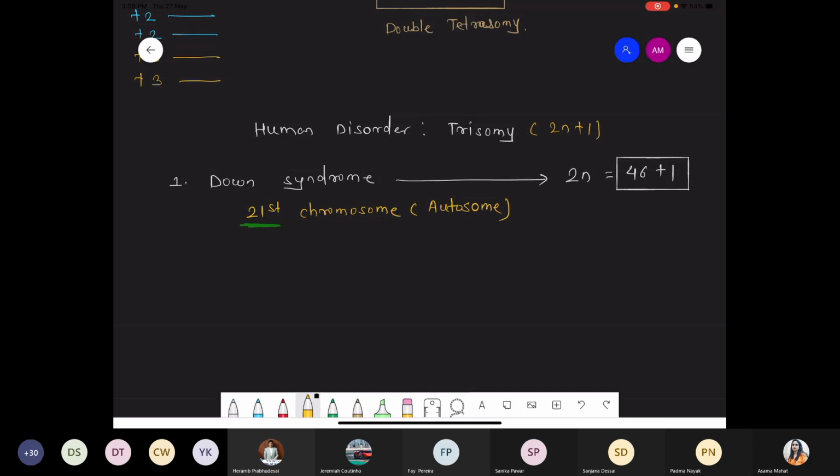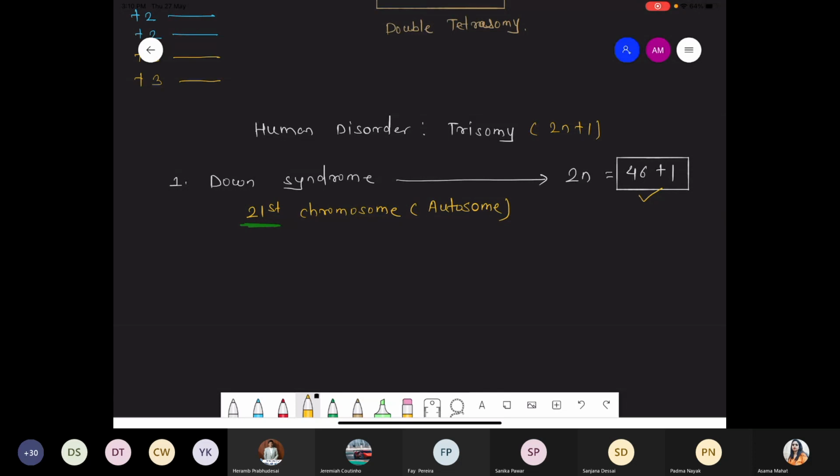So in humans, a total of 46 chromosomes are there, but they obtain plus 1, and that plus 1 comes from the 21st chromosome. That disease is called Down syndrome. No need to remember the symptoms and so on. That is not part of your syllabus. You have to remember the disease, Down syndrome, associated with trisomy. It is related to the 21st chromosome and diploid plus 1, that is 46 plus 1.